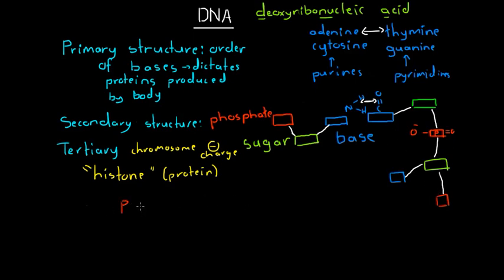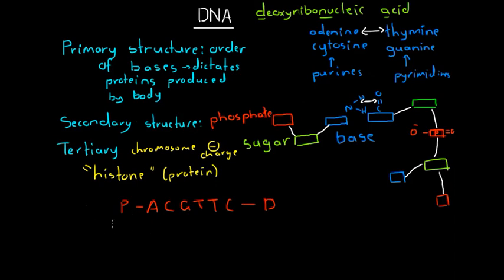We'll just use the first letter of our bases. Maybe our sequence of bases will be adenine, cytosine, guanine, thymine, and cytosine, and then at the other end is our deoxyribose sugar. Now the phosphate and the deoxyribose sugar aren't part of the primary structure, but we're simply using this to distinguish between the two different ends of our DNA strand.